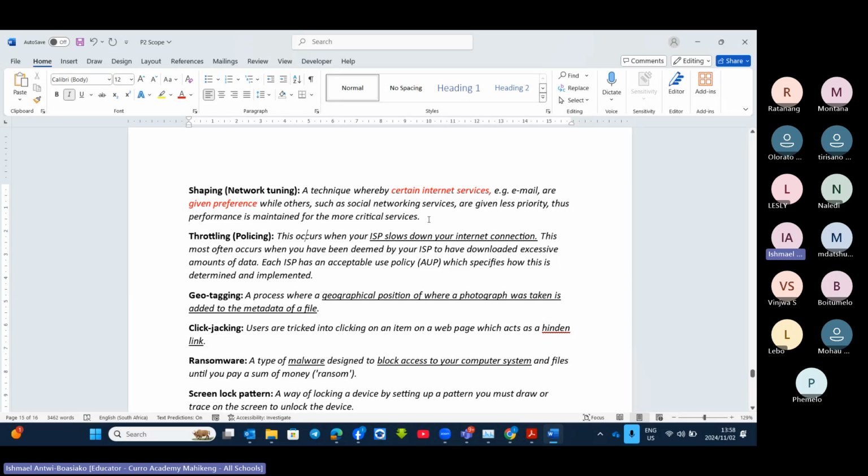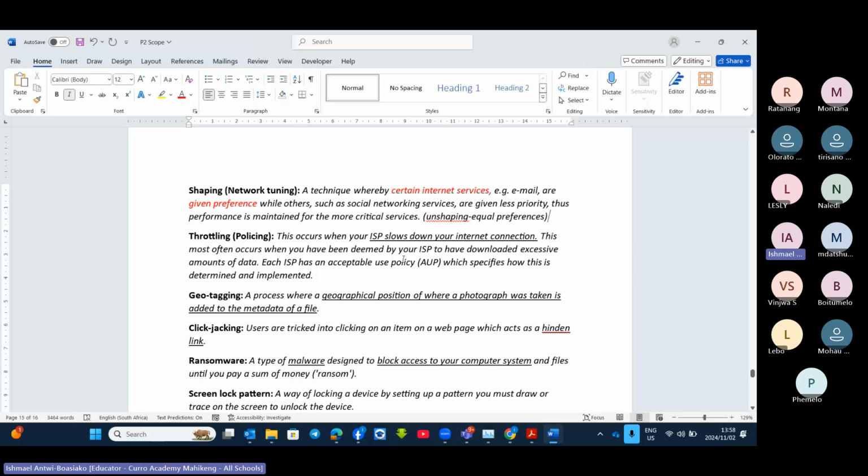So unshaping is when they have equal preferences. In other words, in terms of speed, when you go to YouTube, the speed will be the same, and when you go to email browsing, the speed will be the same.